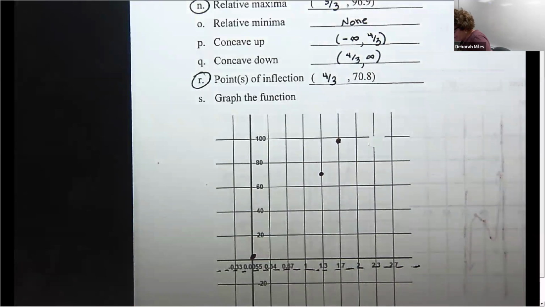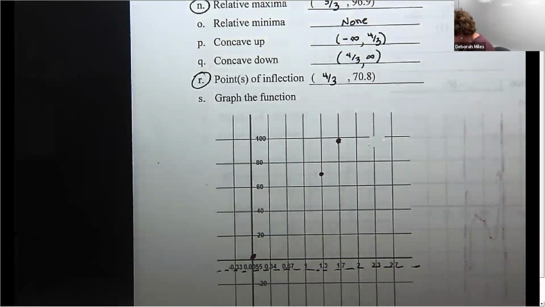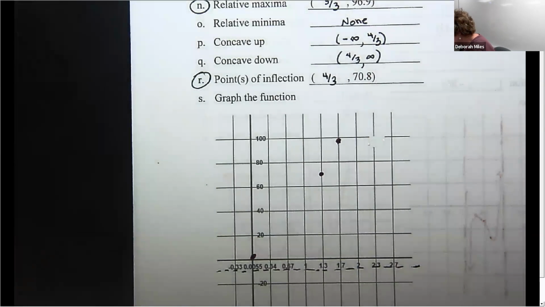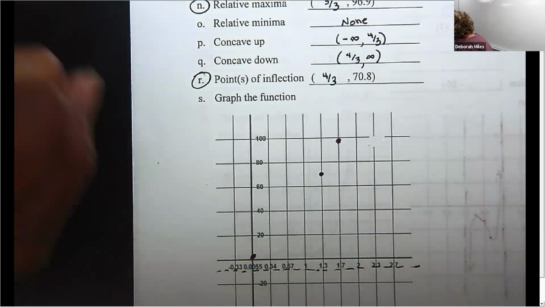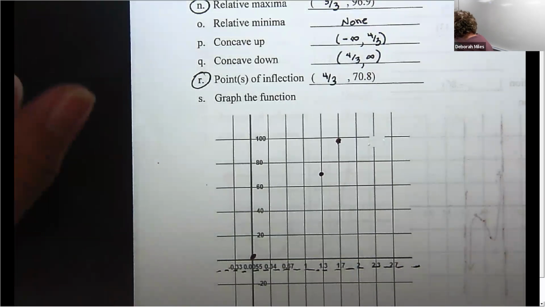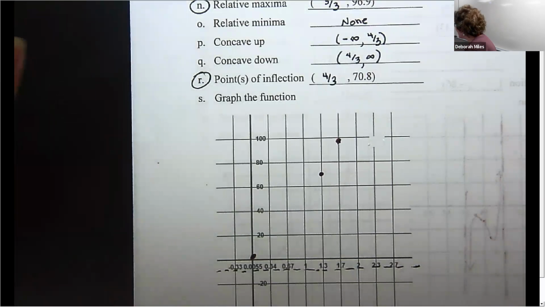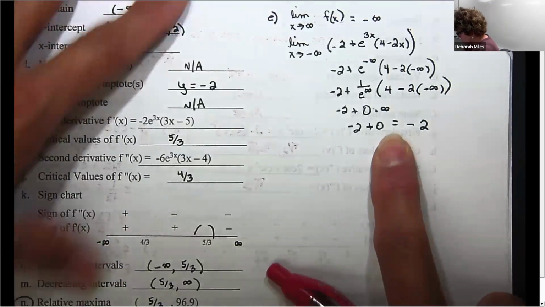All right, let's graph it. What do we know is going on with this graph as x goes forever to the left? What's going on with the graph? It's approaching -2, that horizontal asymptote.